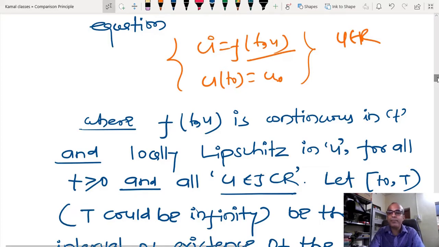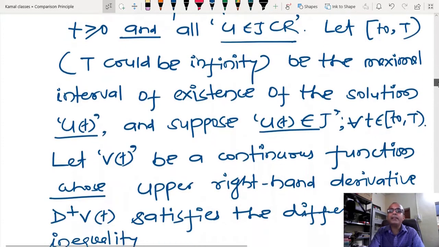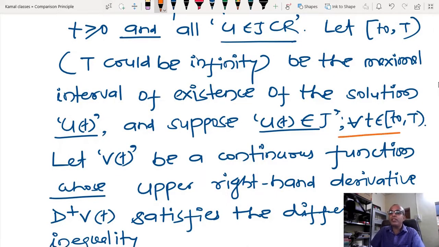That kind of condition I am assuming. The maximal interval of existence of the solution means we are solving between t0 and t, and it is possible to show that one can extend t to infinity also. If t tends towards infinity, then u(t) can be extended to infinity also.